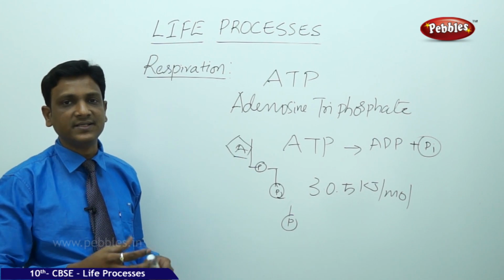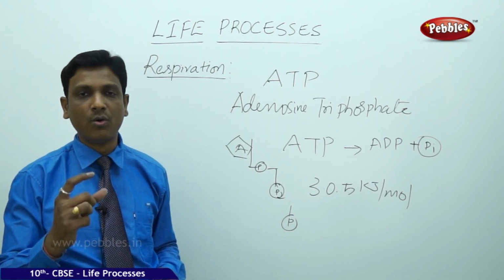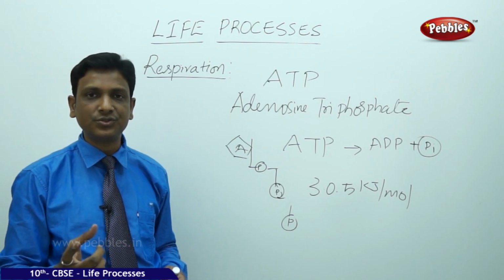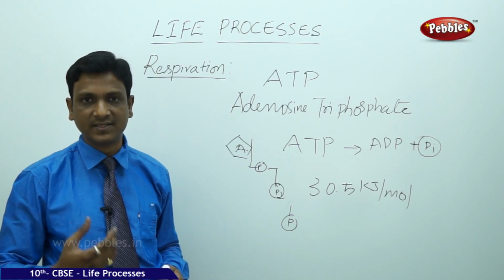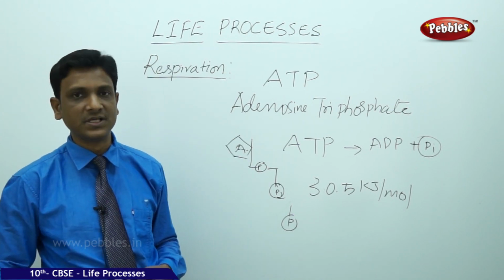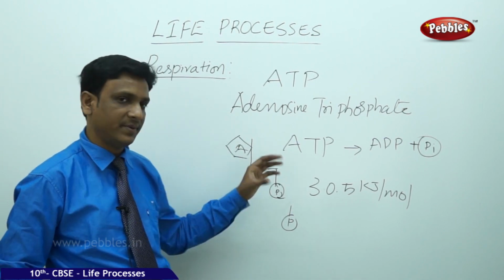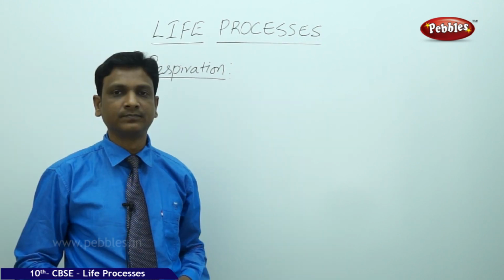So this is how energy is supplied. This energy is used for various chemical reactions, just like how a battery or a cell is used to run different kinds of things. The chemical energy in the battery is used as light energy, sound energy, mechanical energy. So we can use it in different forms. In the same way, the energy present in the ATP is utilized for various reactions inside the cells.